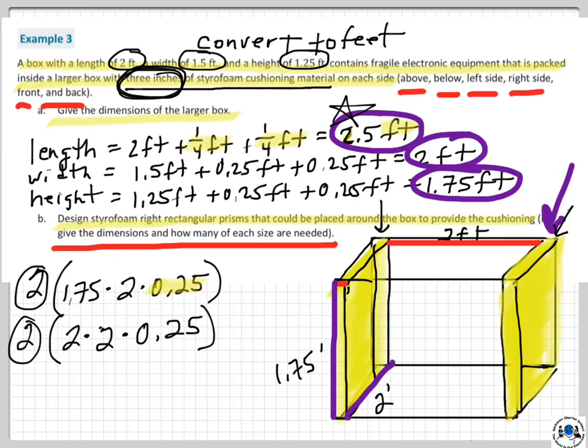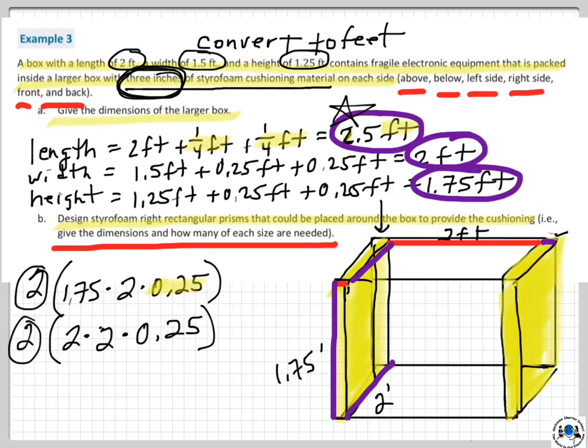Let me get rid of this big purple arrow there. So now I have 2 feet. Now I need 2 more pieces that are going to fit on the top and the bottom, that red line right there: 2 feet by 2 feet by 0.25, the thickness of the styrofoam.